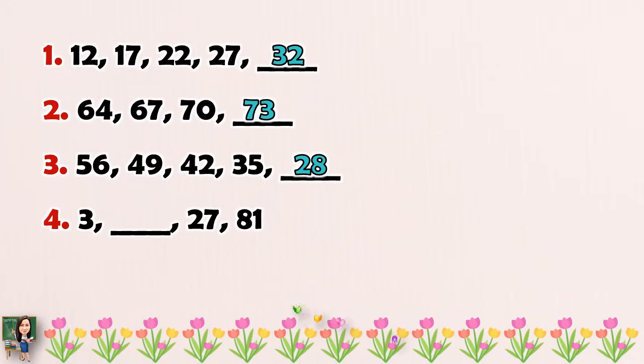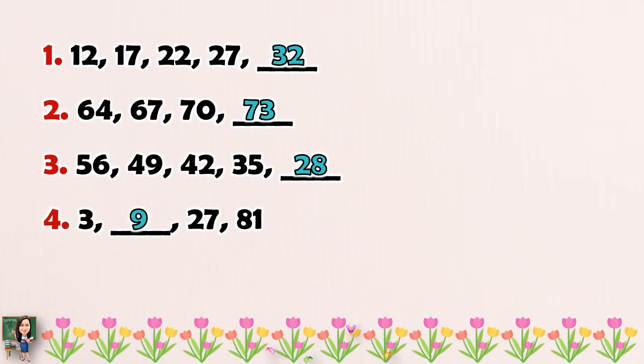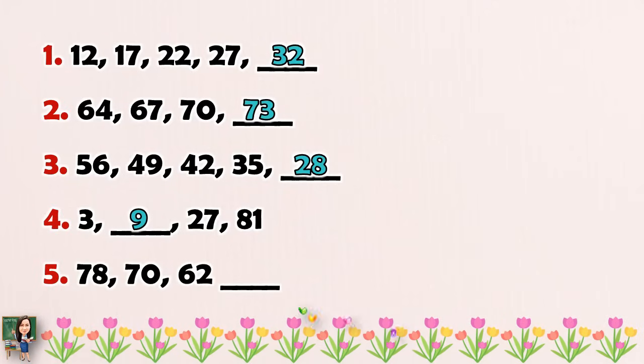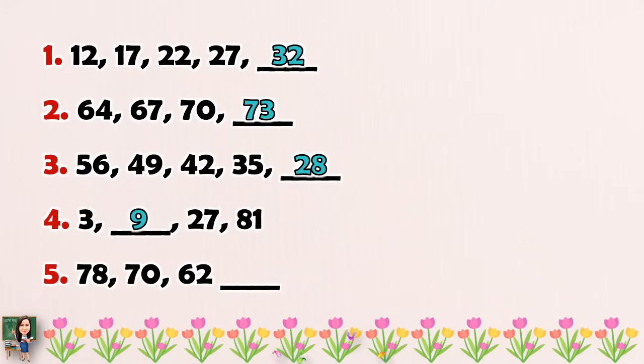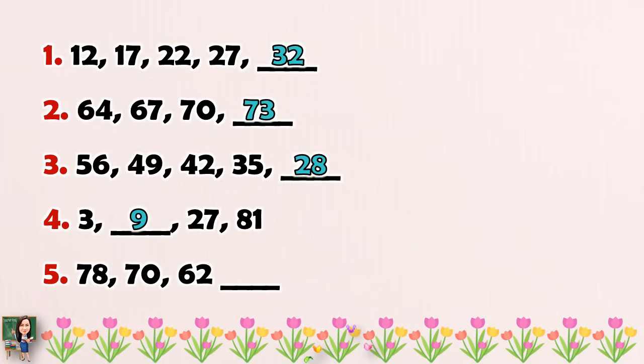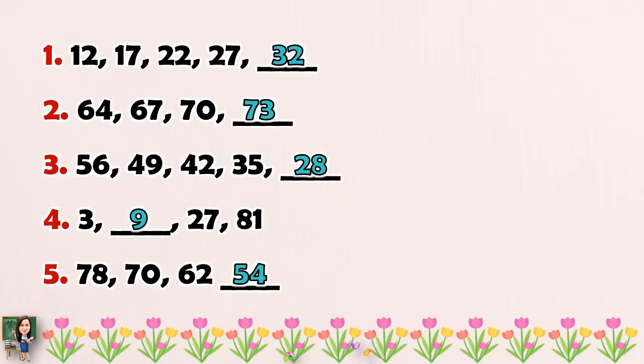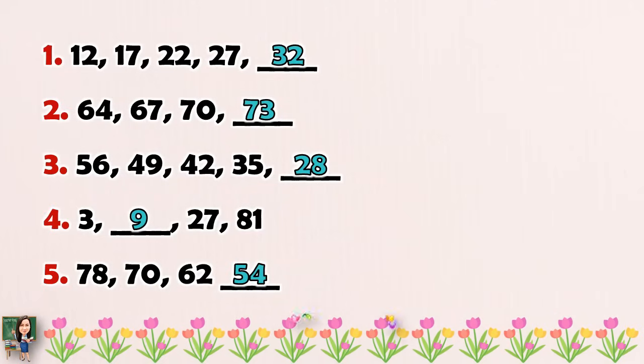Very good. The missing term is 9. The rule is multiply by 3. And number 5, 78, 70, 62, and what is the missing term? Very good. The missing term is 54. The rule is subtract 8.